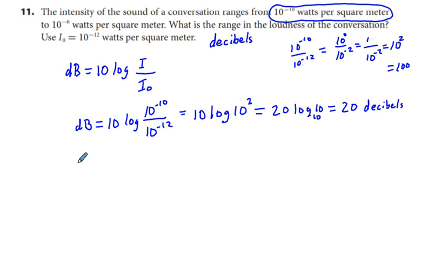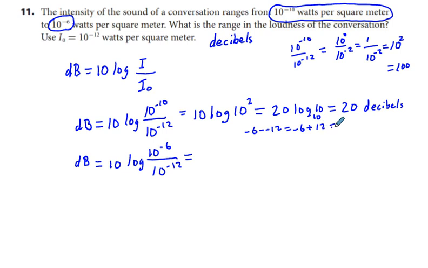Next, we're going to try our next one. It's going to be 10 log, and we're given 10 to the negative 6th watts per meter squared over I sub 0, which is 10 to the negative 12th. What this is equal to is negative 6 minus negative 12, which is negative 6 plus 12, equal to 6.